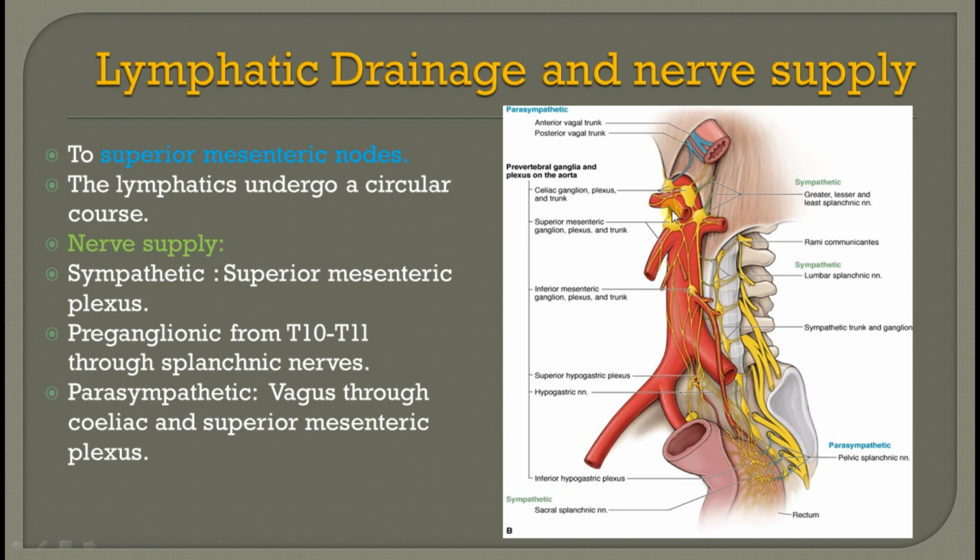They also come and relay in the plexus, and from there the postganglionic fibers start from the plexus and go to supply the respective viscera, especially the jejunum and ileum in this case. Now the parasympathetic fibers also form a local plexus on the surface of the viscera. Okay. And in case of the gut, they also form the myenteric plexus and the Meissner's plexus, which we have seen within the various layers of the gut tube.